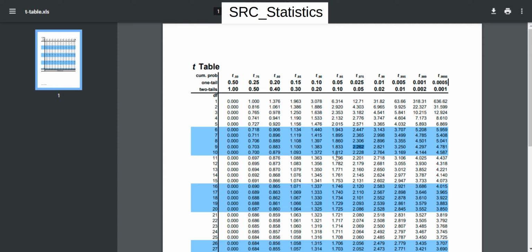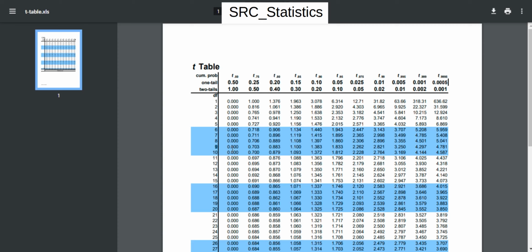For the second part of the problem, the level of significance was 1%, that is 0.01, and that is for a one tail test. So see 0.01, one tail. Find one tail and the corresponding level of significance 0.01, the degrees of freedom is the same, 9.